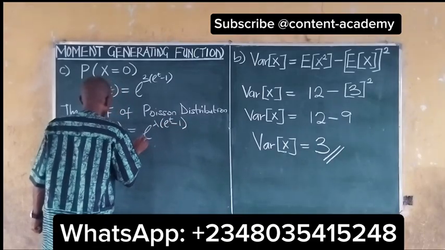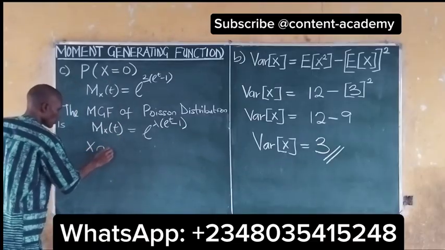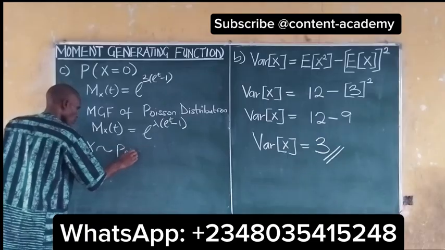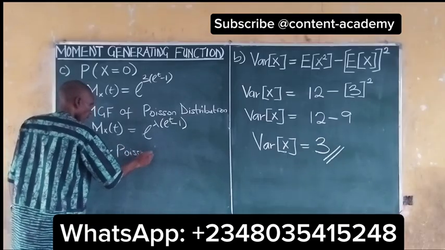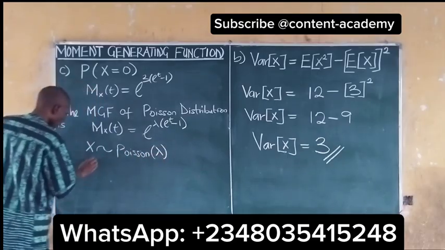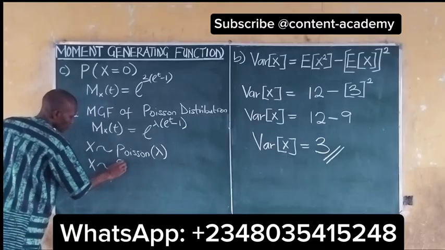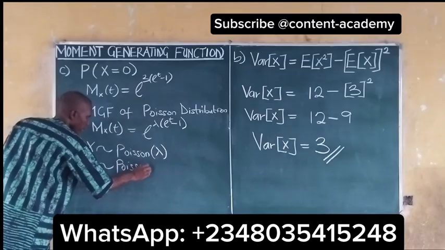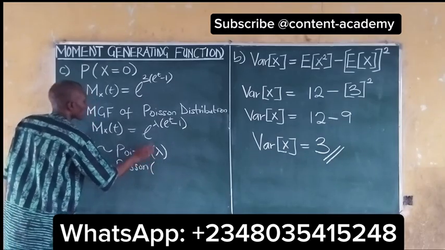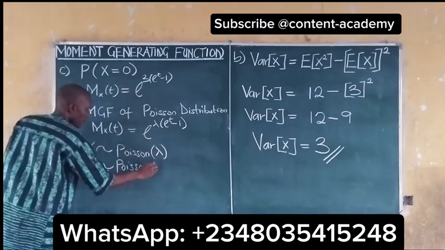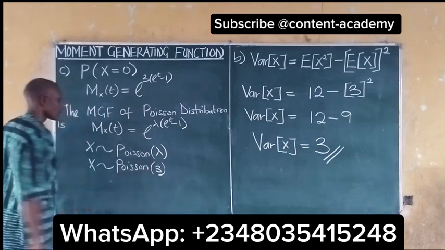So if we compare it, we see that x follows the Poisson distribution with lambda, which is 3 when compared to this.